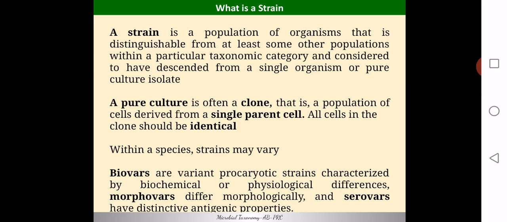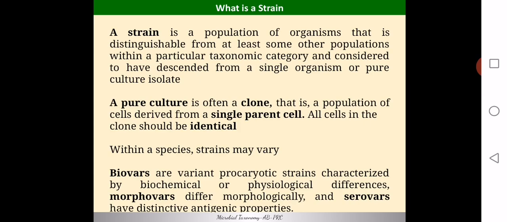So strains are the very basic unit of classification, that we have already seen. A species is a collection of strains, and a strain is a group of organisms that have descended from a single parent cell, right?